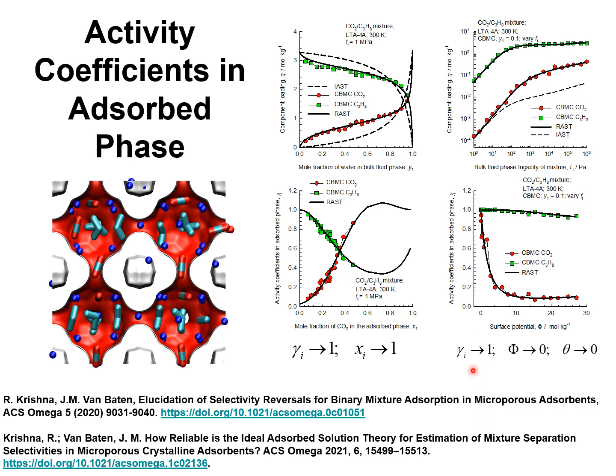So the activity coefficient models that describe mixture adsorption equilibrium must also respect the limiting case that gamma i tends to unity when the surface potential tends to 0, that is equivalent to saying that the pore occupancy tends to 0.